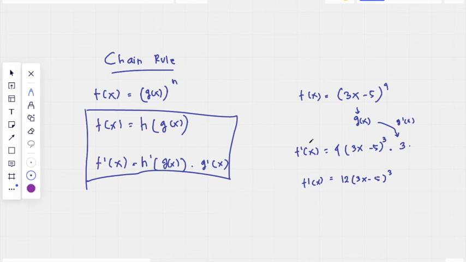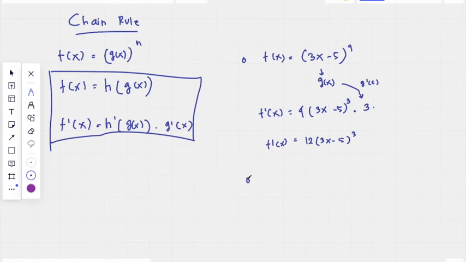I will give you another example for a trigonometric function. For example, if I have f(x) equals sine, and then there is a function as the angle, like 4x squared plus 2, for example. So first differentiate sine.